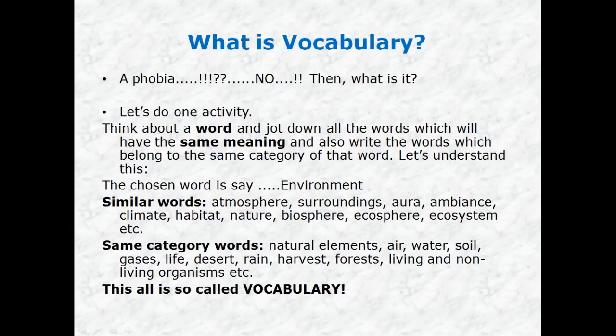Then come same categorical words like natural elements, air, water, soil, gases, life, desert, rain, harvest, forest, living and non-living organisms. Now see, with the help of these categorical words, you will have that many lines in your essay. Means you have that many ideas in your mind.